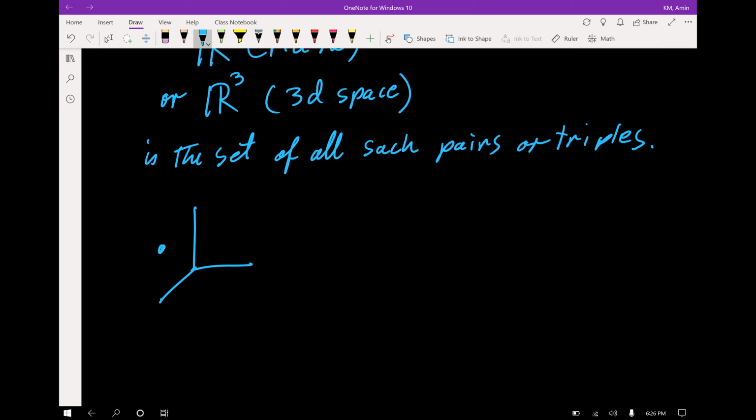So here's an example of it, which is V1, V2, V3. That vector is the same as this vector. They're the same.